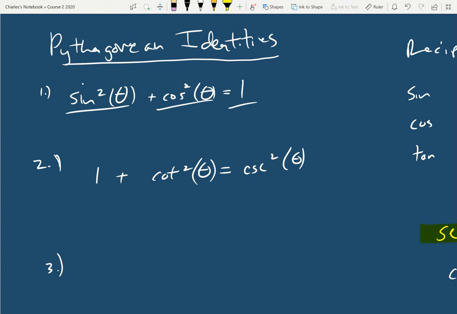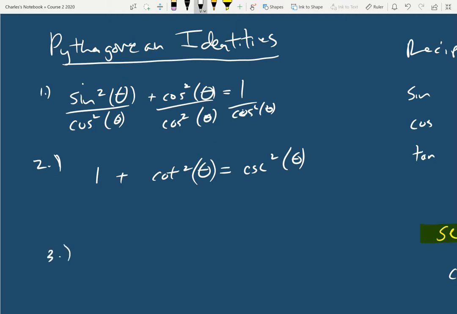Now we've got 2. So you may be thinking to yourself, what am I going to do to get the other one? Obviously, if I divided by sine squared the last time, this time I'm going to divide everything by cosine squared.